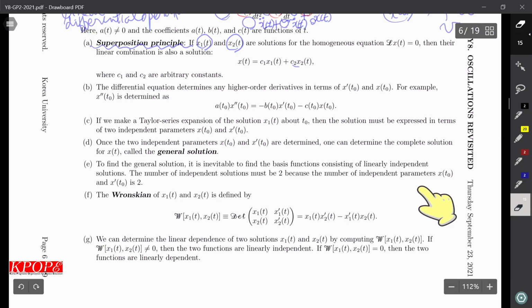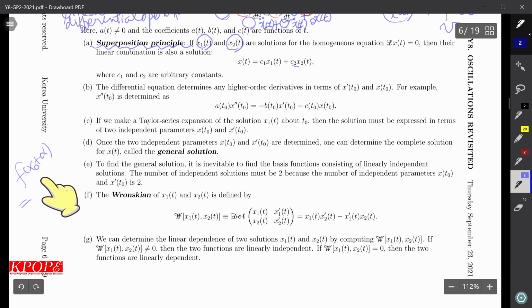If we make a Taylor series expansion, we have f of x0 plus alpha equals the sum, k runs from 0 to infinity, of 1 over k factorial, f to the k-th derivative at x equals x0, times alpha to the k.